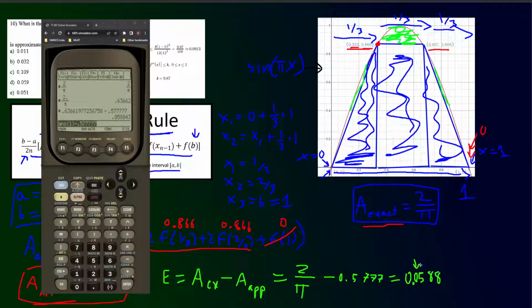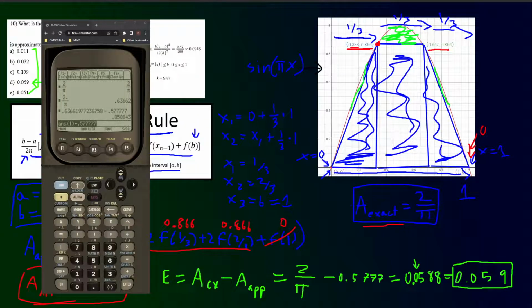There's a 0 after the decimal that I missed the first time I wrote this. If we round that to 3 decimal places, which is what these answers have, 0.059 is the error. And that's answer choice D.